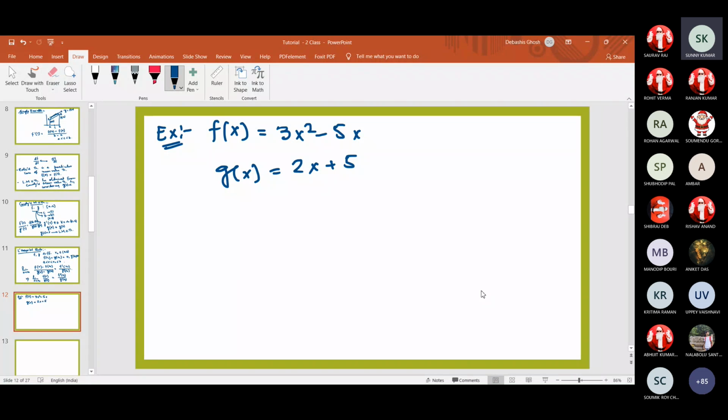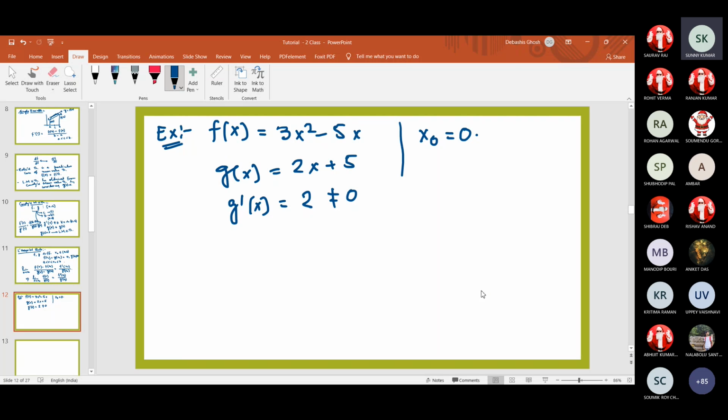Both the functions are polynomial functions, so they are continuous everywhere, and in particular at any two points you can consider. They are also differentiable, you can find the differentiation. We consider the point x0 equals 0. Now you can see that g dash x is 2, which is not equal to 0 whatever the value of x is, so in particular at x equals 0 it is also not equal to 0.